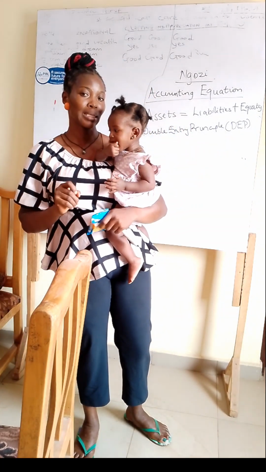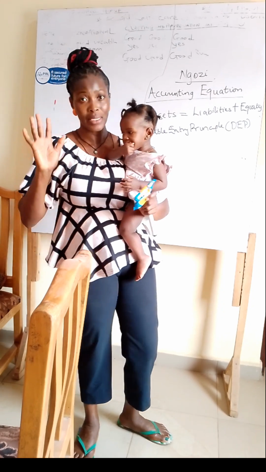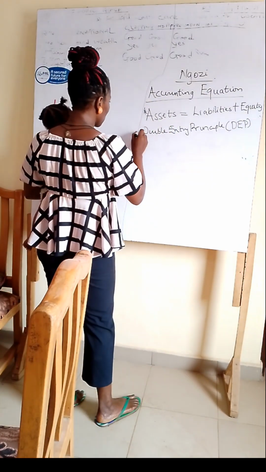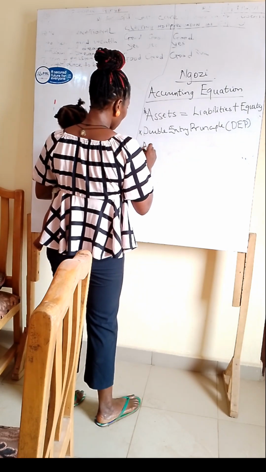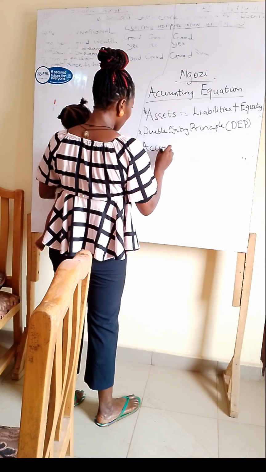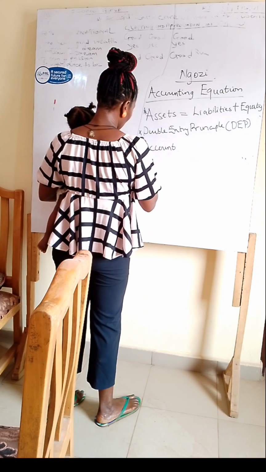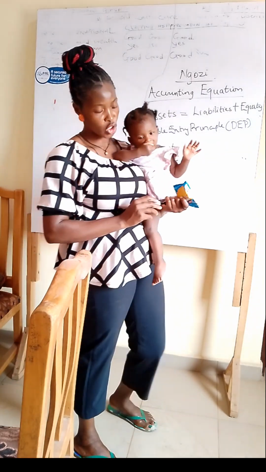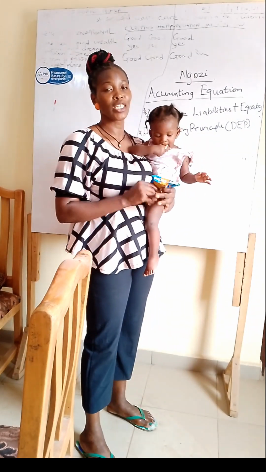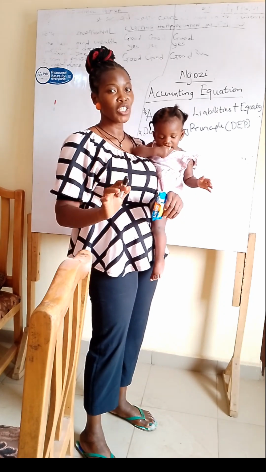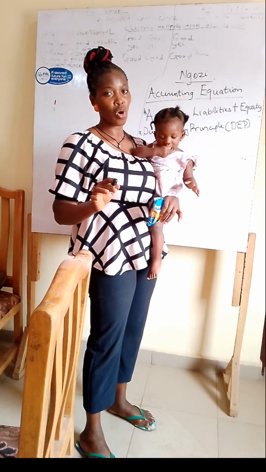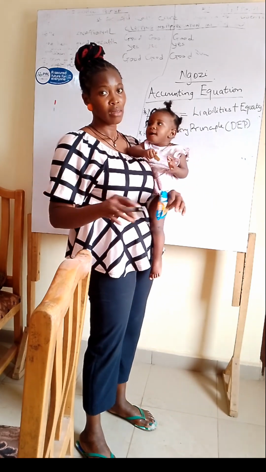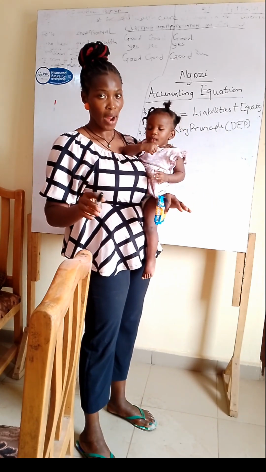So for us to understand, I have to explain what an account is. Just stay with me. An account is simply where you record the transaction. Every transaction that occurs in your business has to be recorded somewhere. First of all, it's recorded in what we call our primary books of account, like your day book, right?